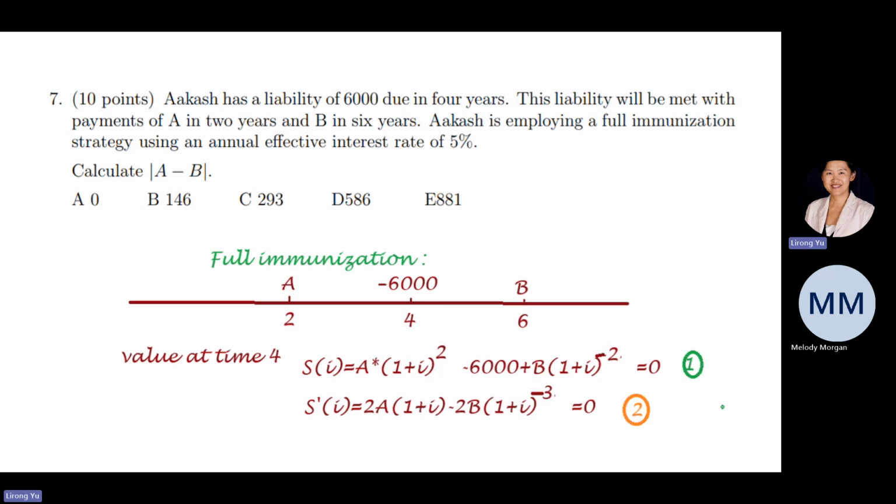Okay, so imagine i being the variable, but i is not really the variable. Looking at the question, the interest rate i is 5%. I keep i as a variable because I want to be able to differentiate it.